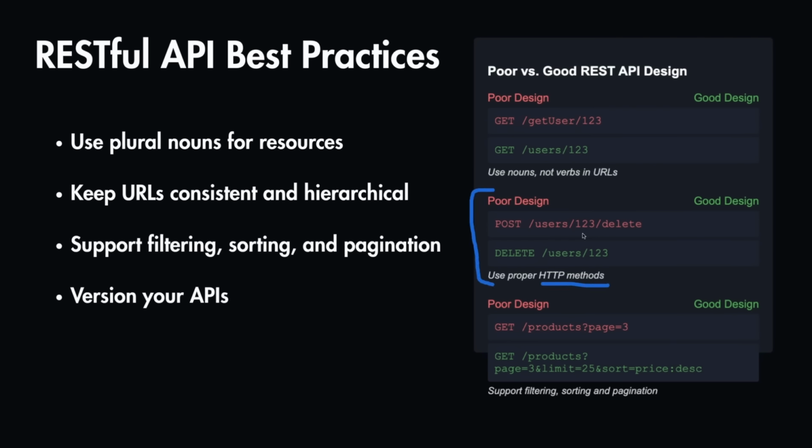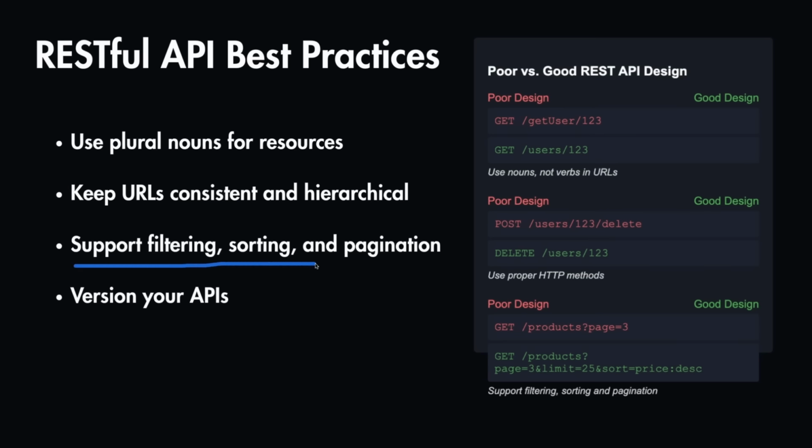For example, when deleting a user, we expect a DELETE request to /users/ID of a user, and not some POST request to /users/ID. So the HTTP methods need to be properly set up, and also the URL. We don't expect random things like /delete to delete a resource from the database.